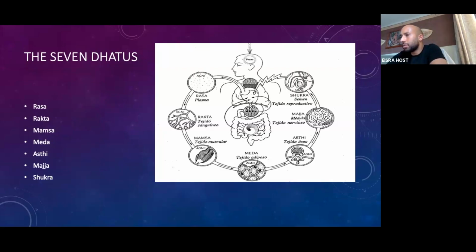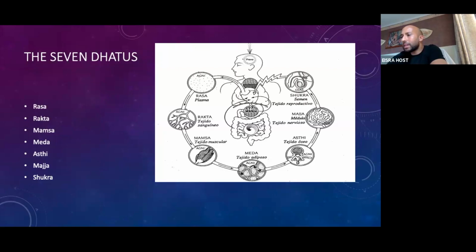Rakta dhatu. Rakta means blood tissue. That which causes your blood to be red is rakta: the red blood cells, everything in your blood that ensures oxygenation. Mamsa dhatu is muscular tissue.